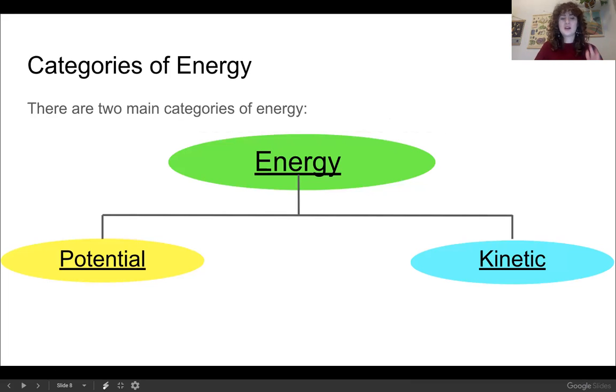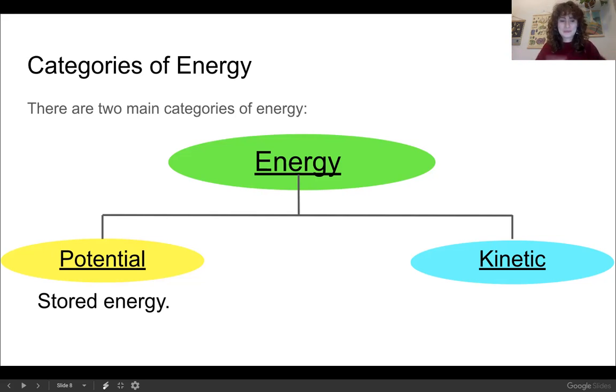So potential energy is stored energy. You might know the word potential as in, oh, this student has a lot of potential, and that means that they are storing a lot of ability, right? So potential energy means that it's storing a lot of ability to do work.